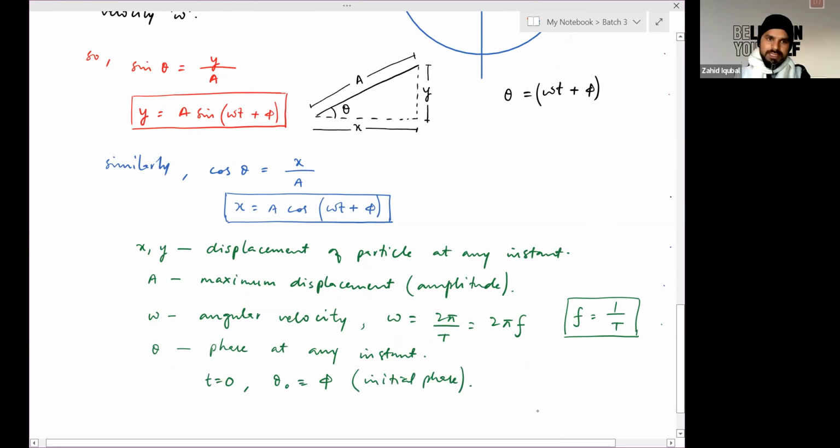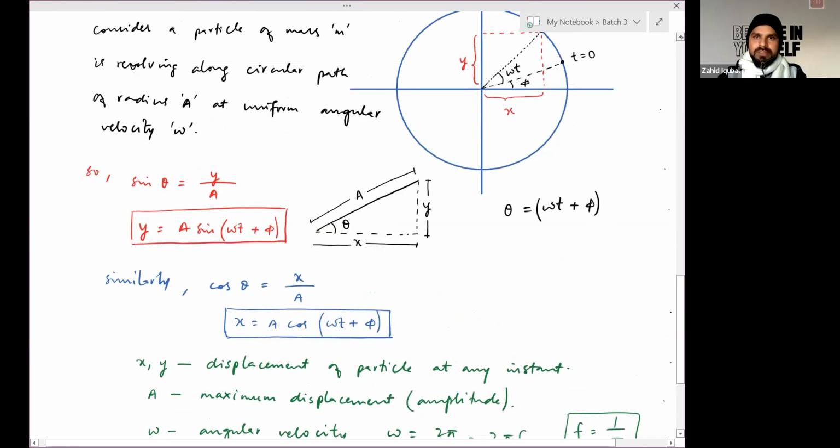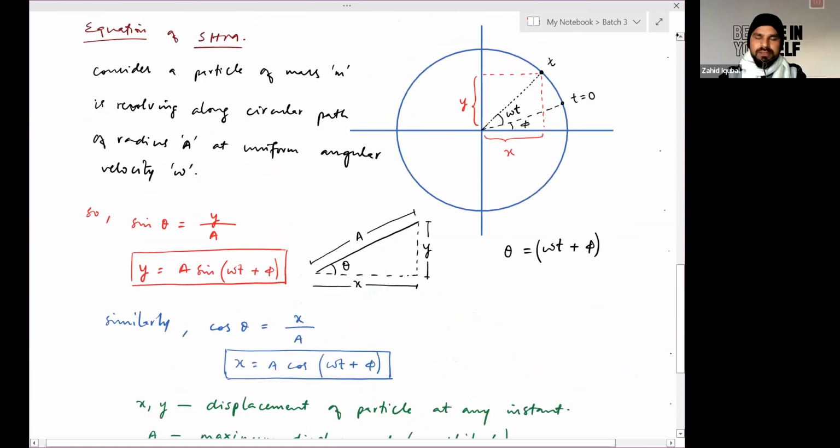Atif, any doubt related to these different terms? No, sir. Okay, just write it down. I'm giving example how to solve different terms.